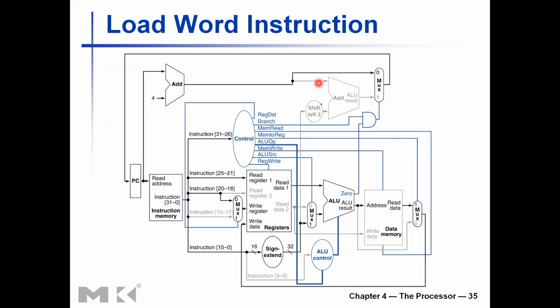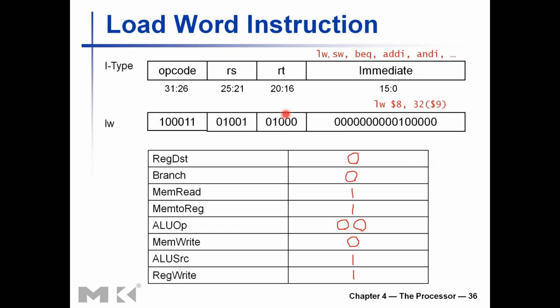You don't need to draw the non-relevant parts of the data path. Only draw the relevant parts of the data path and come up with the values of the control signals.